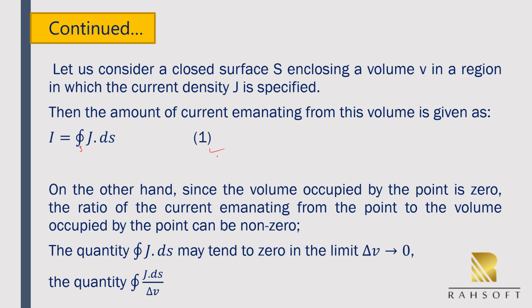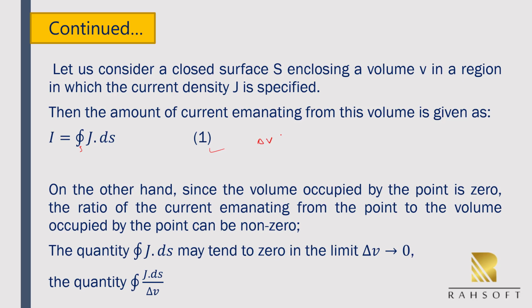If we let this volume shrink to an infinitesimal value delta V, we obtain an infinitesimal amount of current flowing out of this surface delta S, which is bounded by this infinitesimal volume delta V. In the limit, let this volume shrink to a point, the current emanating from the point may tend to 0.